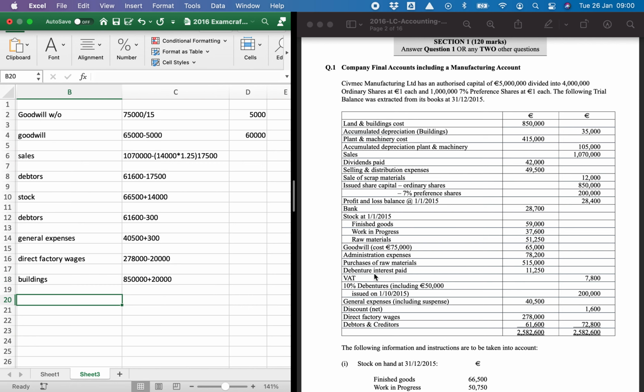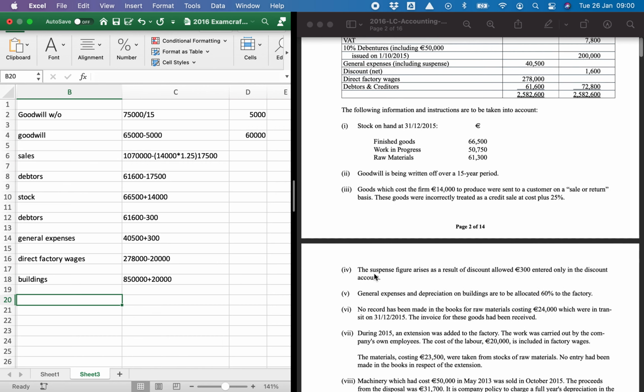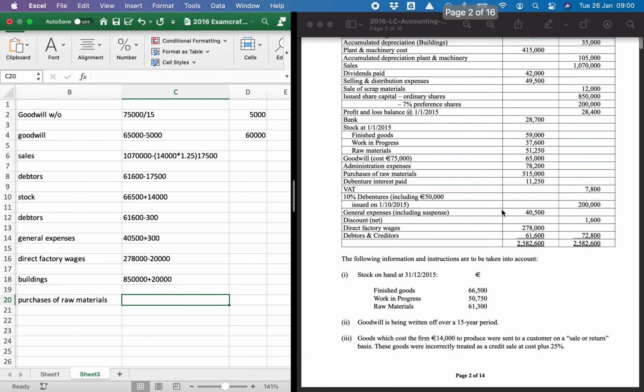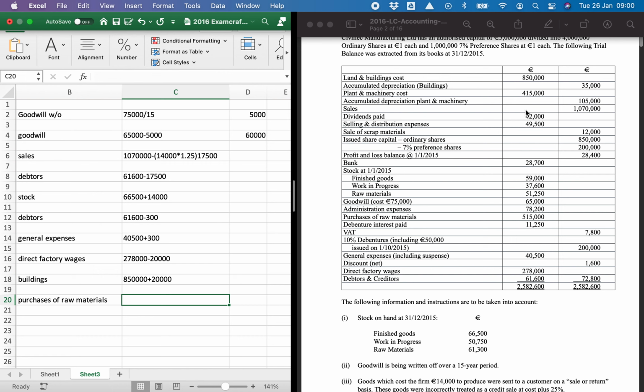And the same with the second part, the purchases of raw materials. The materials costing 23.5 are taken from stock, so it's purchases of raw materials. It's not stock of raw materials, okay? So the purchases of raw materials is 515.